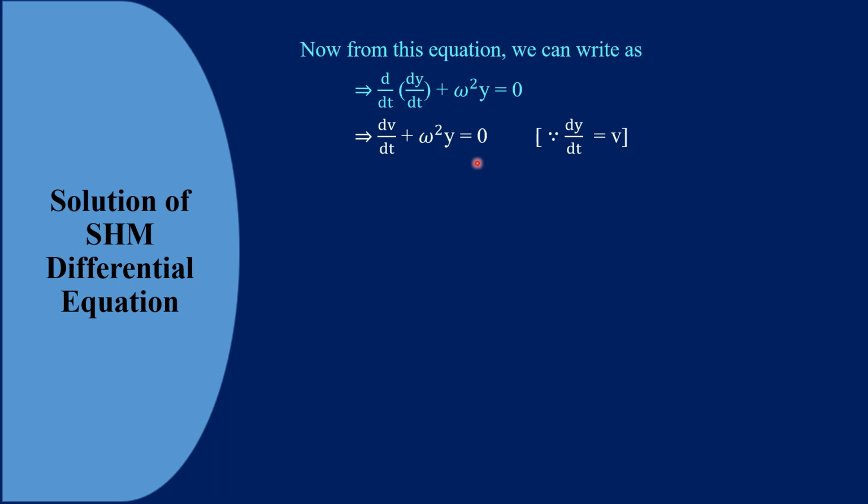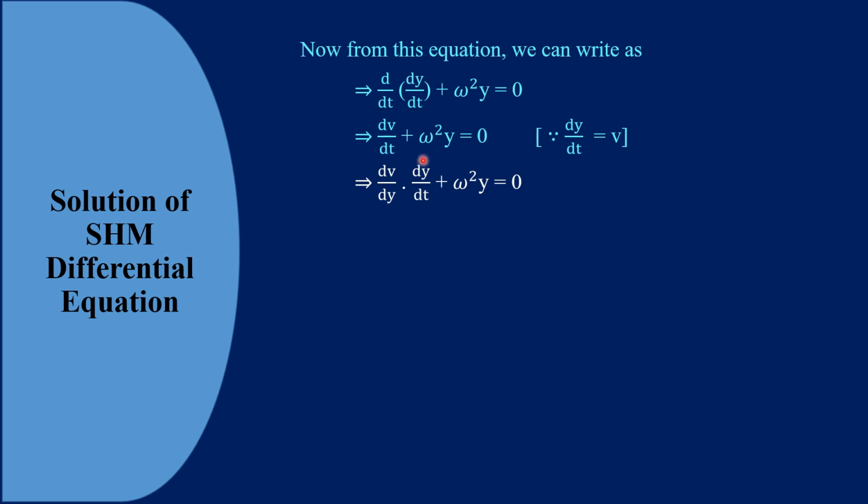Now in this equation, in the first term, if we multiply and divide by the same quantity dy, then we get dv by dy into dy by dt plus omega square y is equal to 0.